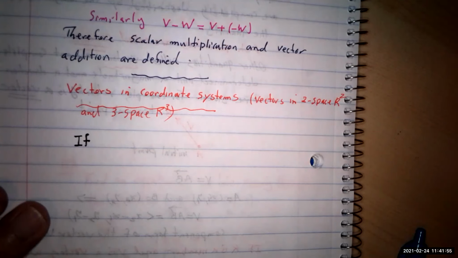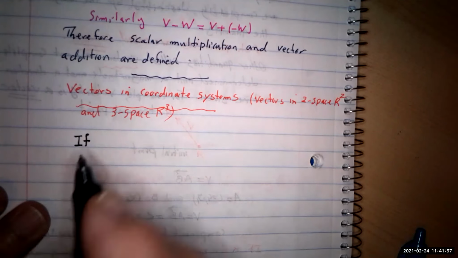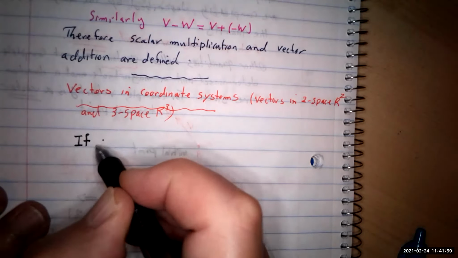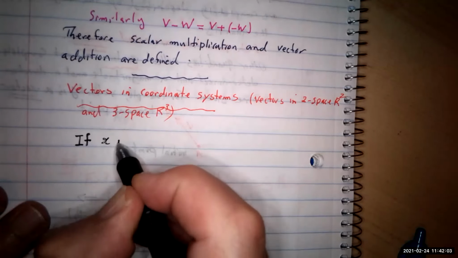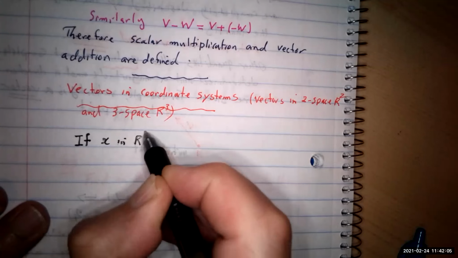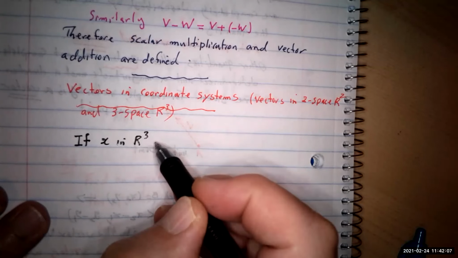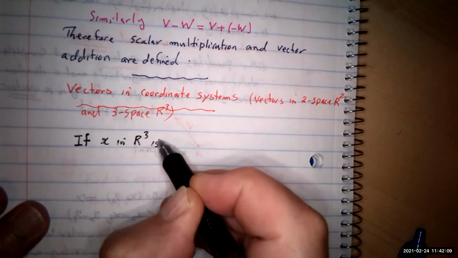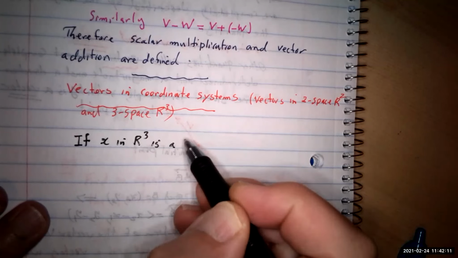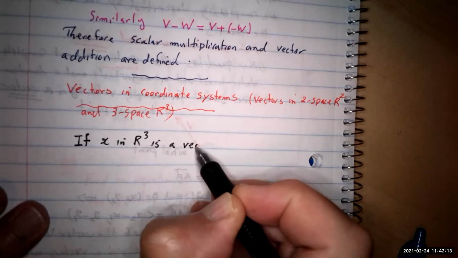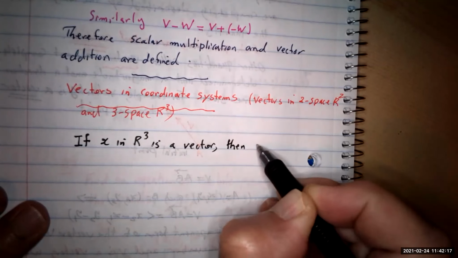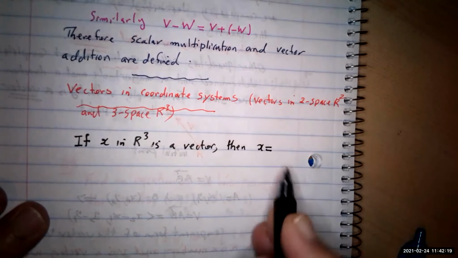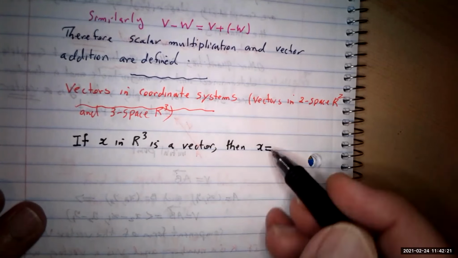For example, if x in R3 is going to be a vector, or a point, then you know that x can be written as (x1, x2, x3).